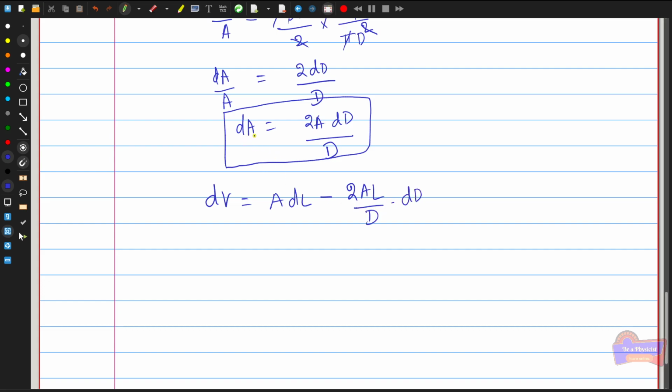Or I can divide this equation by A into dl, so that I get dV divided by A dl, which is equal to 1 minus 2L divided by d into dd divided by dl.